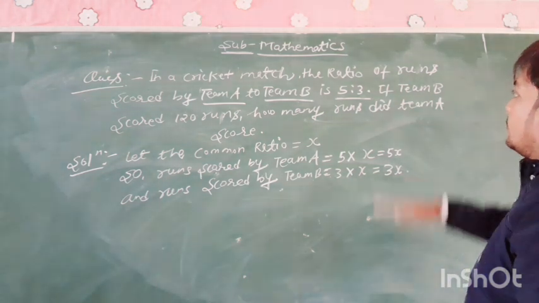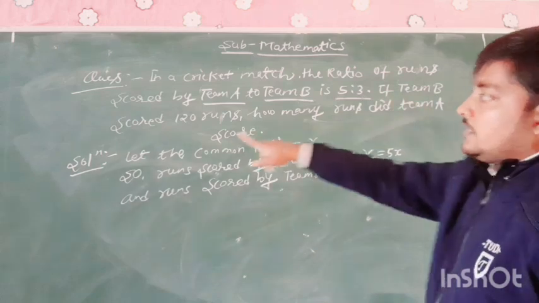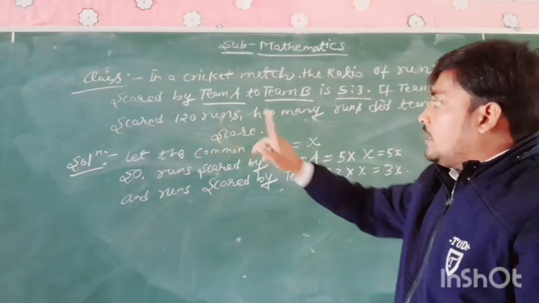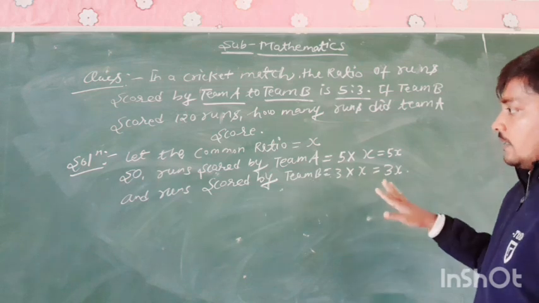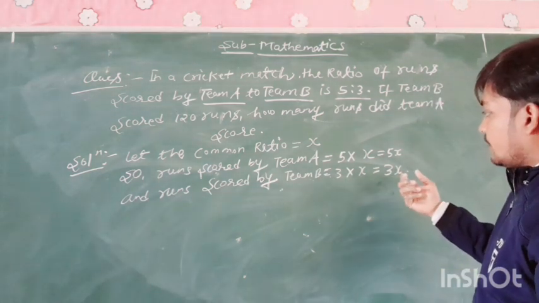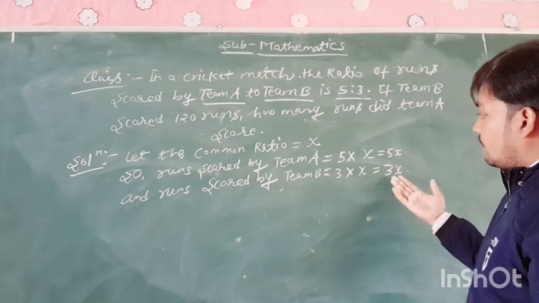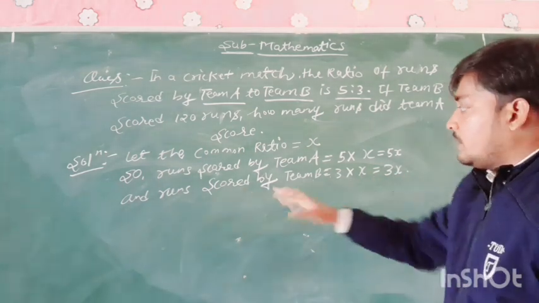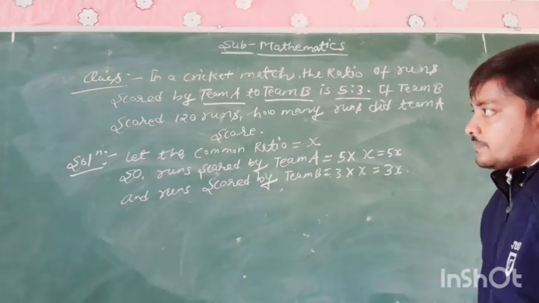In the problem, team B scored 120 runs, and we already know the runs scored by team B is 3x.